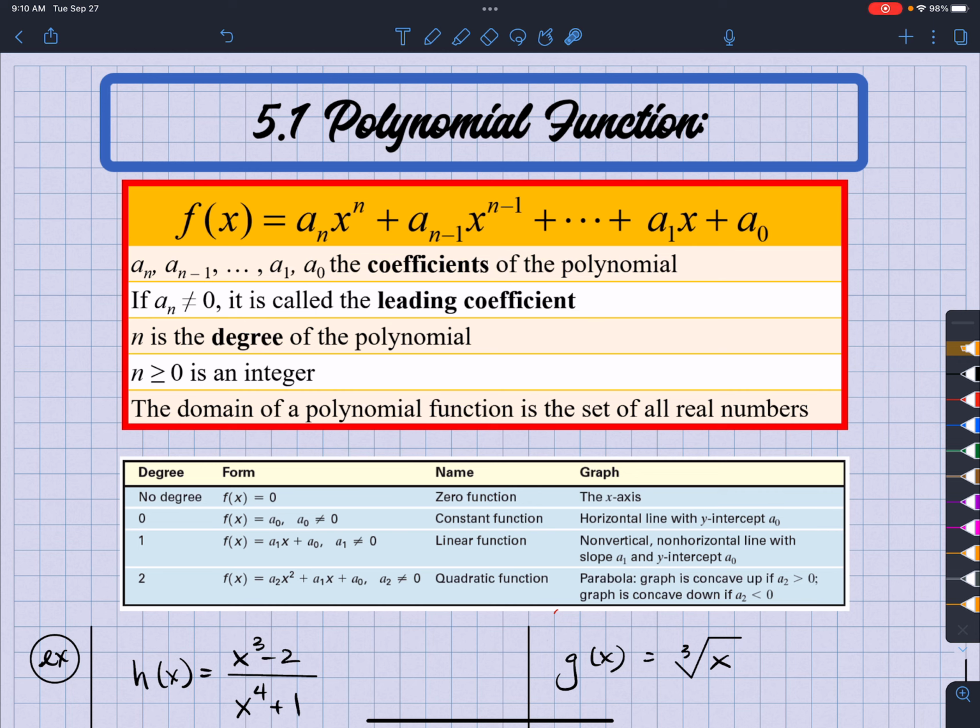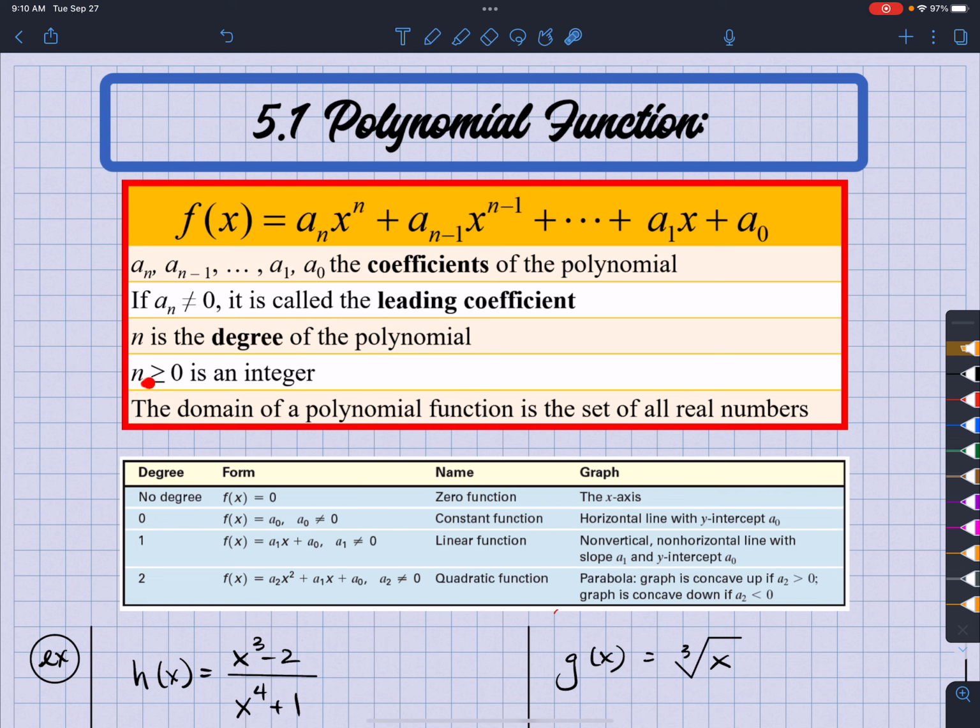For example, when I said y is equal to ax squared plus bx plus c, since the largest power is a 2, the degree of the polynomial is a 2. And if it was a cubic, then the largest power is a 3, so the degree of the polynomial would be a 3.